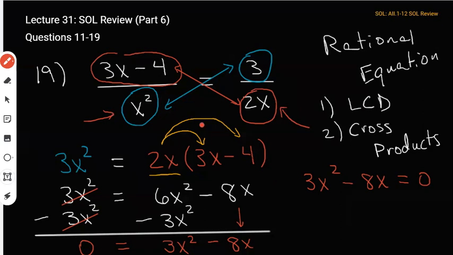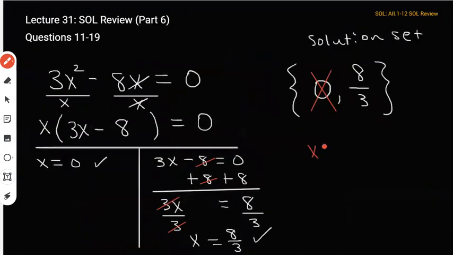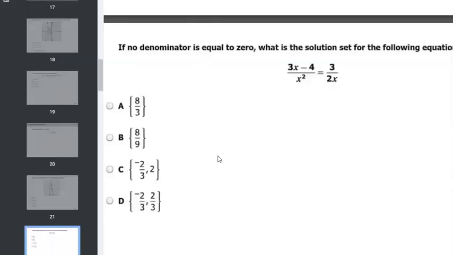Yep. 0 squared is equal to 0. 2 times 0 is 0. So you would be dividing by 0, and we can't have that. So we already know that x cannot be equal to 0 under any circumstance. So the only answer is this, 8/3. So that's going to be 8.